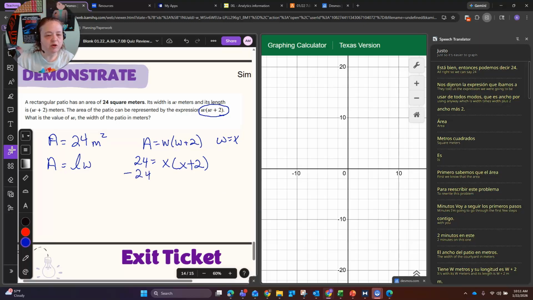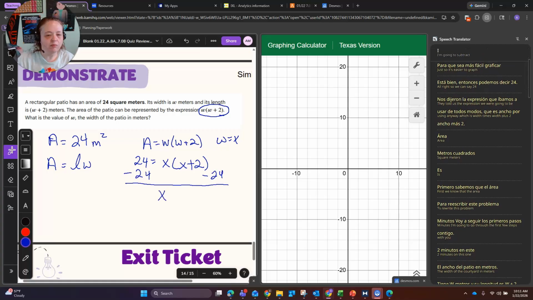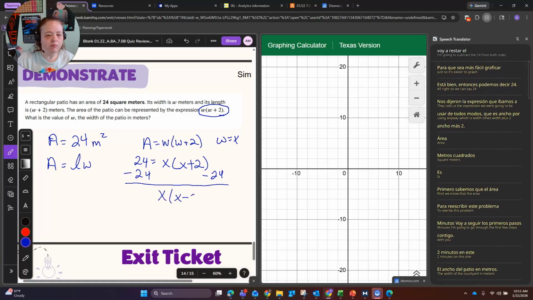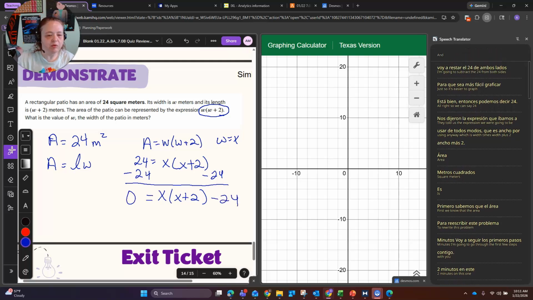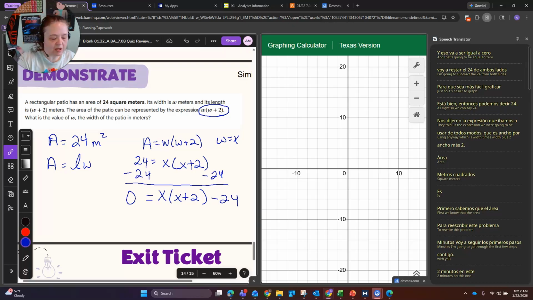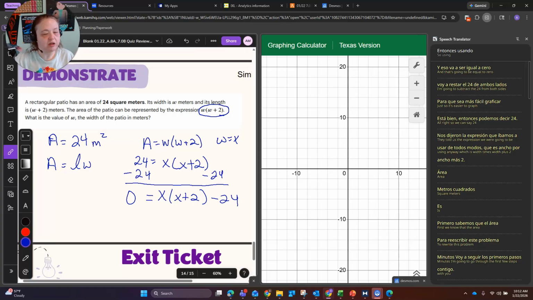I'm going to subtract the 24 from both sides, and that's going to be equal to 0. So using that information, you have just over 30 more seconds to find out the width.